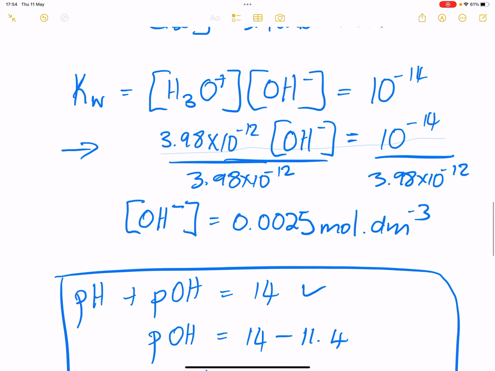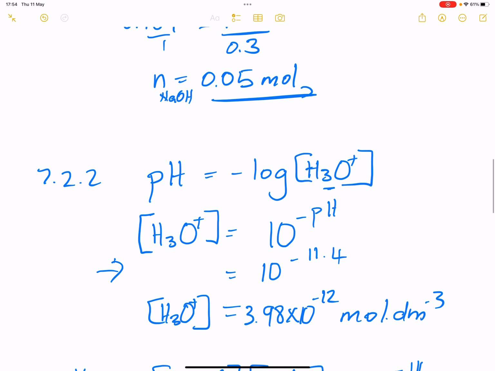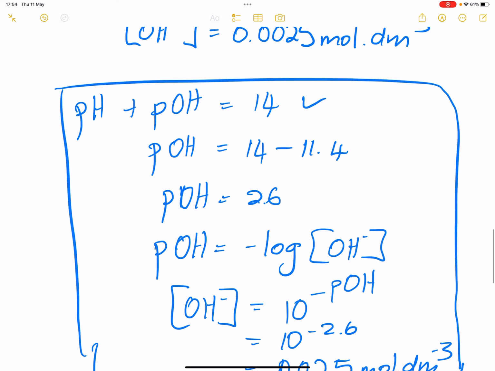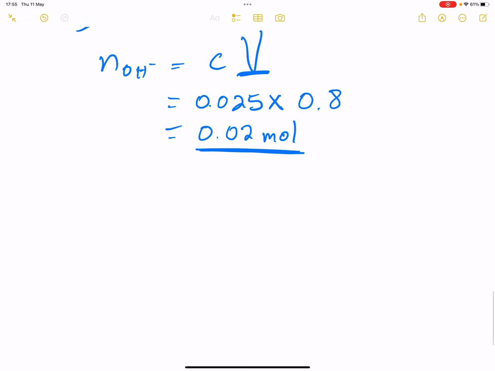But I remember that I actually started with an amount of 0.05 moles. And the reason for that is, remember, sodium hydroxide, when it dissociates, forms sodium plus the hydroxide ions.